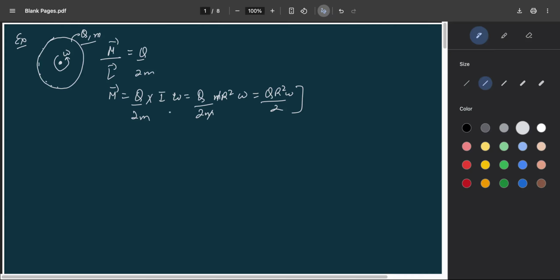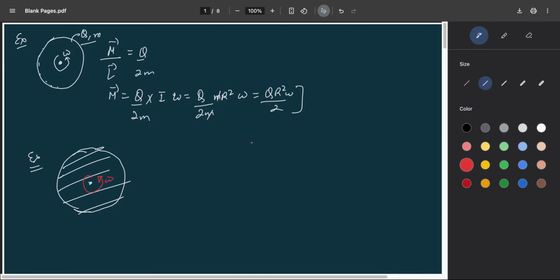Now I'm extending this problem so that instead of a ring, you are given a disk. About this point, the disk is rotating with omega.